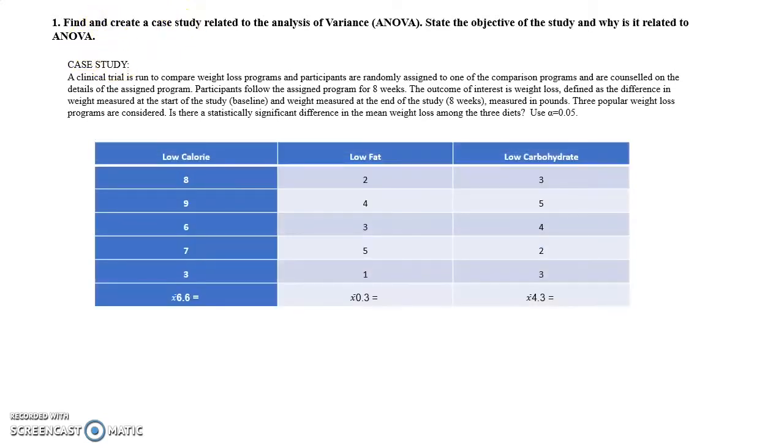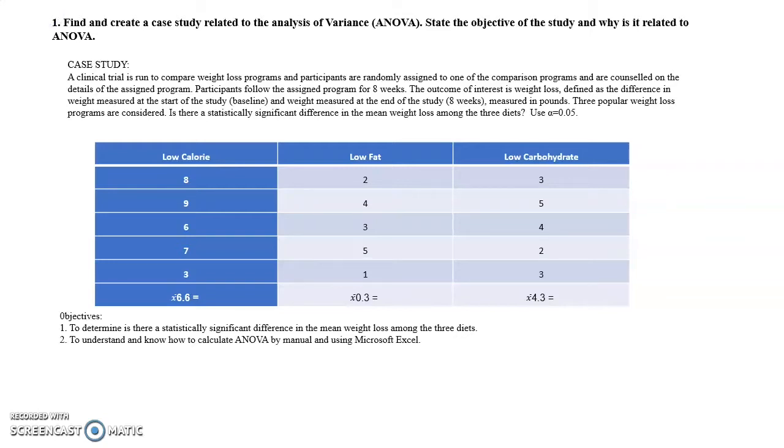So this is the data of the weight loss programs: low calorie, low fat, low carbohydrate. So the objective is first to determine if there is a statistically significant difference in the mean weight loss among the 3 diets.